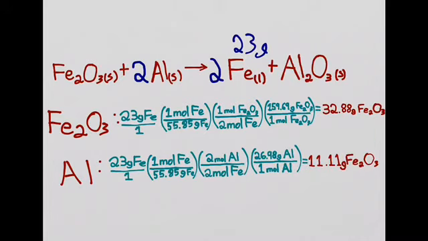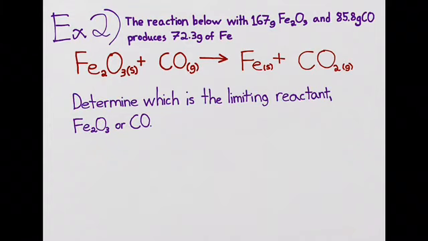And then finally, we have 26.98 grams of aluminum over 1 mole of aluminum, which results in 11.11 grams of aluminum.